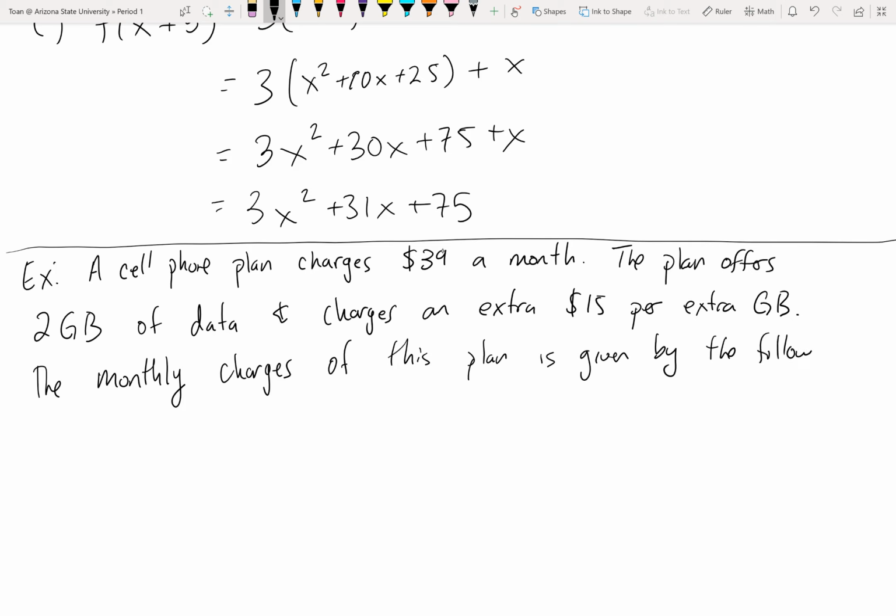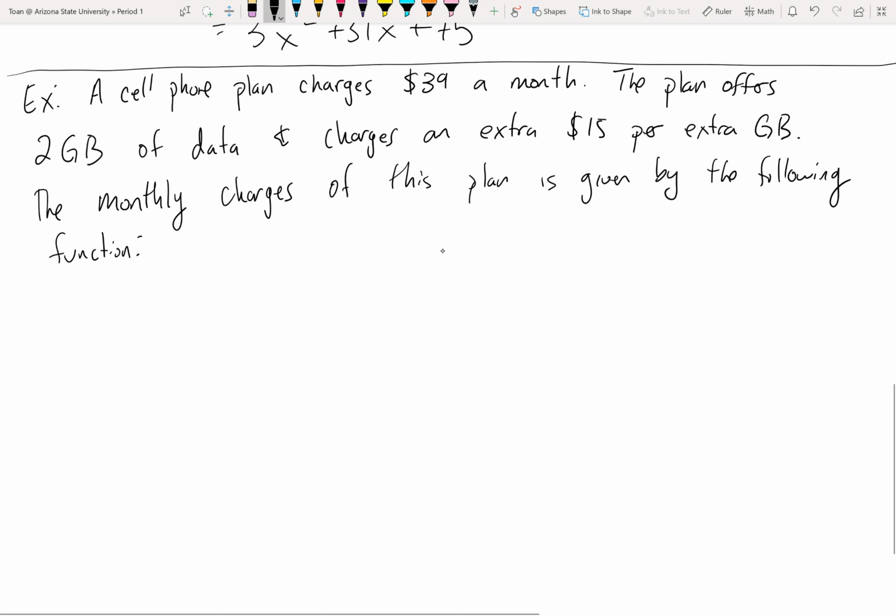Right. So in this example, we're fortunate we don't have to come up with the equation, they give it to us. Notice they did not choose to use f of x, they chose to use c of x, c for cost, that makes sense.